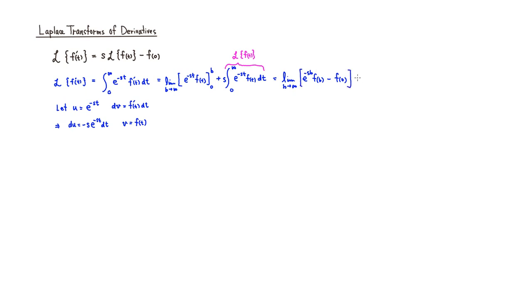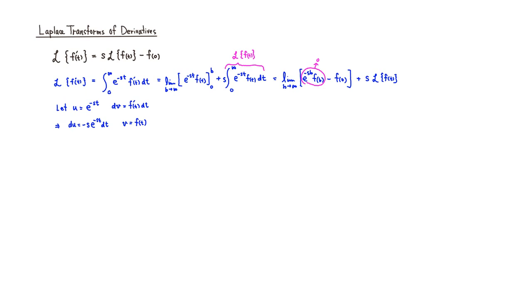Then the second term is simply s times the Laplace transform of f of t. As b approaches infinity, you have e to the negative infinity, so the first term is going to approach 0 and goes away.